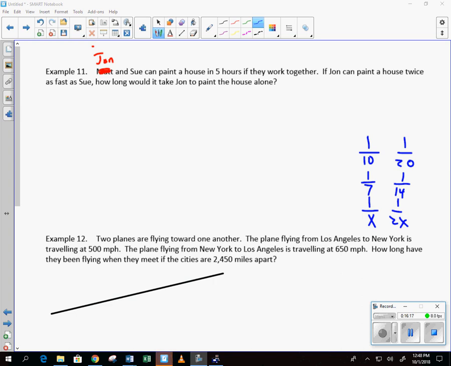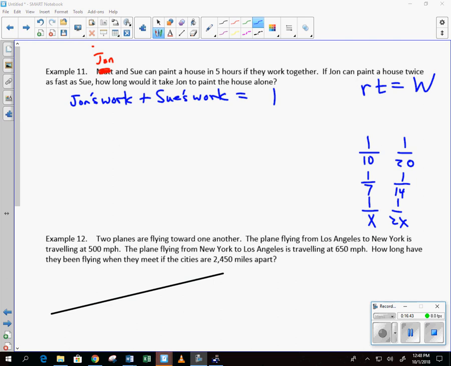Where we said rate times time will tell us the amount of work that we were able to accomplish. How many houses are we painting? 1. And so we know that John's work plus Sue's work is equal to 1 house being accomplished.